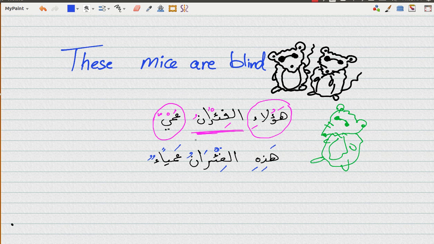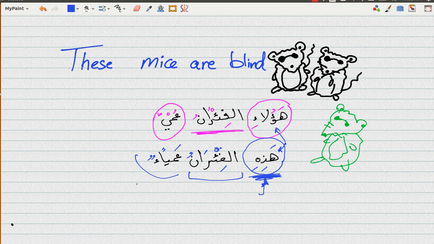So notice, since these mice are not human, they have to get a non-human pointing article, or a demonstrative pronoun, اسم إشارة. And I've said over and over in the previous lesson that you don't use هؤلاء, you have to use هذه. So we use هذه to point at a group of non-human objects or animals.